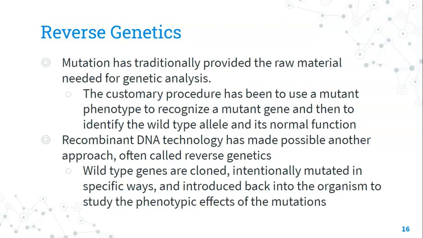Once you purposely mess with them in whatever way you want to, you introduce that back into the organism, and then you study what happens. It's sort of like the reverse, go figure, they call it reverse genetics, but it's basically the opposite of how we used to do it. Now instead of waiting for mutations to occur, we're just forcing mutations to occur and then studying what happens.